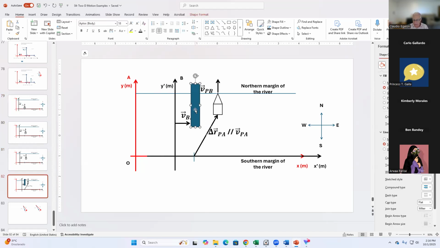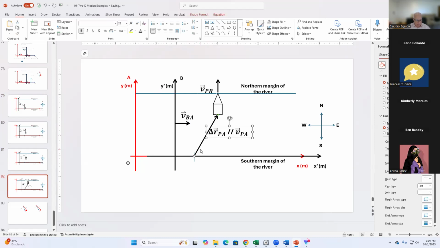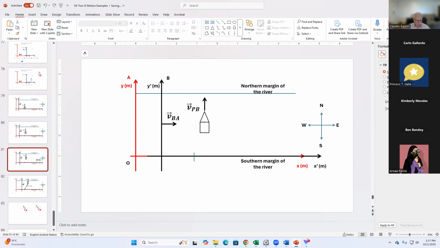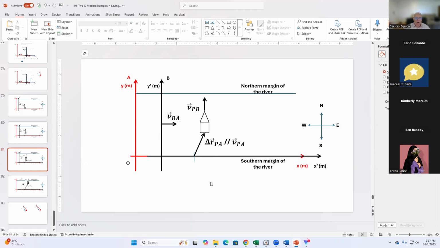Yeah, that was the only thing that was missing, and if I want to, I can come up with my vector position as time goes by, right? Here you go. That's my vector position here.